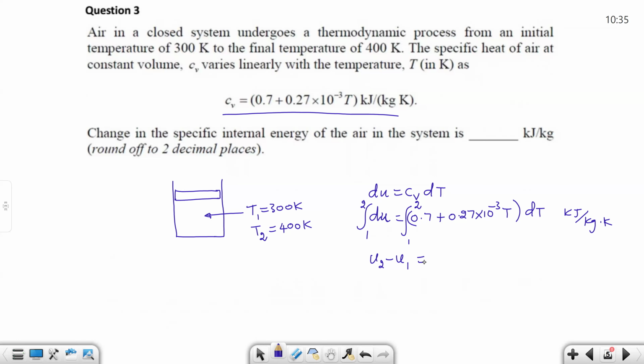So this will be equal to 0.7 T plus 0.27 into 10^-3 T squared by 2, from T1 to T2. T1 is 300 Kelvin and T2 is 400 Kelvin.